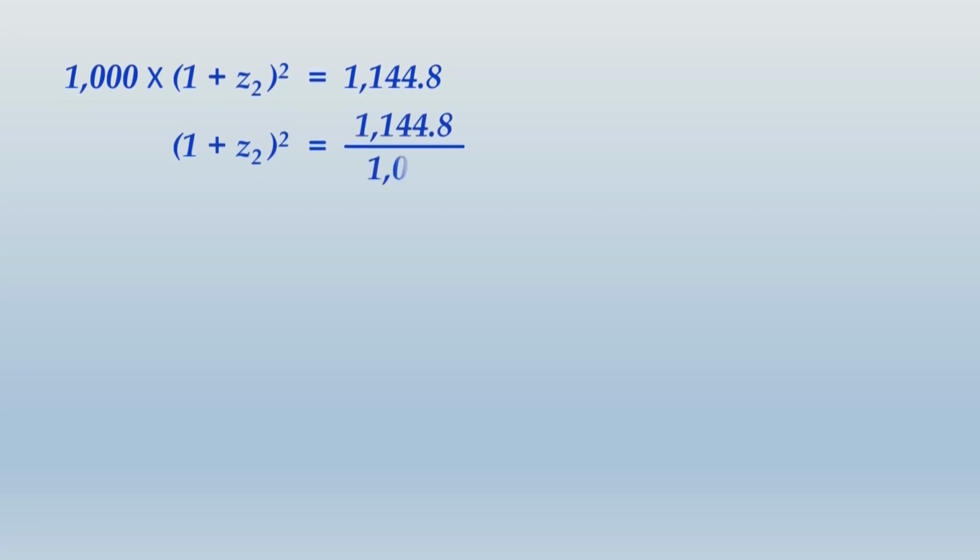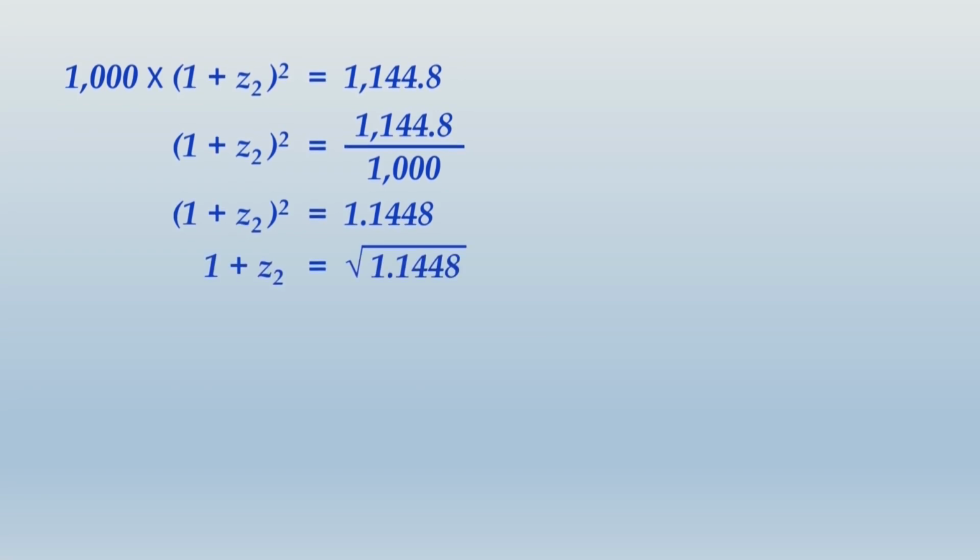As I have explained, 1000 multiplied by 1 plus Z2 raised to 2 would give you the final maturity value at the end of year 2 as 1144.8. So 1 plus Z2 raised to 2 will be 1144.8 divided by 1000, which is 1.1448. So 1 plus Z2 will be the square root of 1.1448.